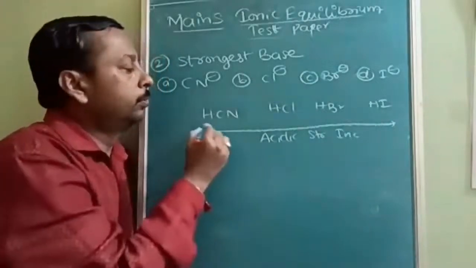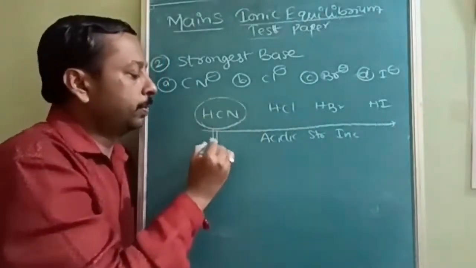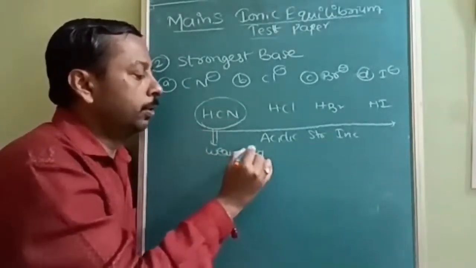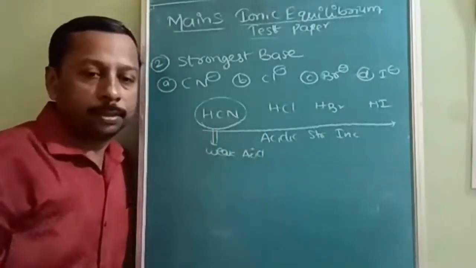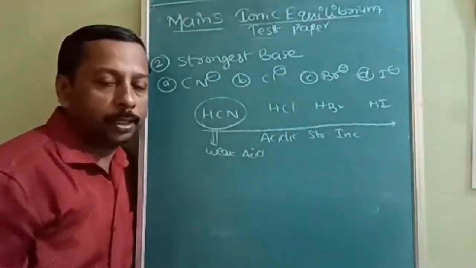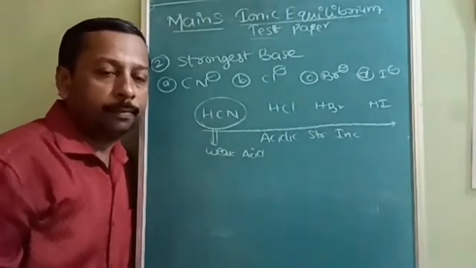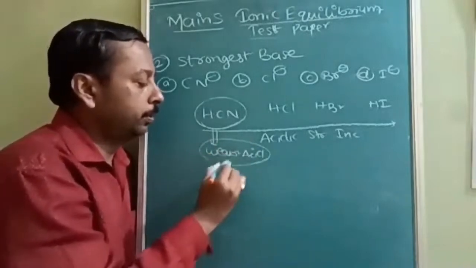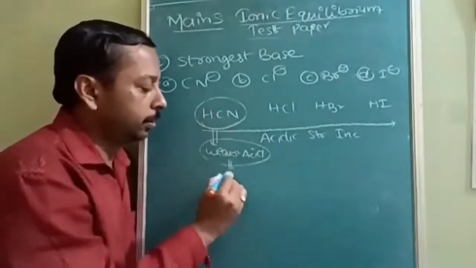Now this is the weak acid. What is this? This is the weak acid. According to the Bronsted concept, the conjugate base of a weak acid is strong, and the conjugate acid of a weak base is strong. Same way, it is the weakest acid, so this is going to be its conjugate base.